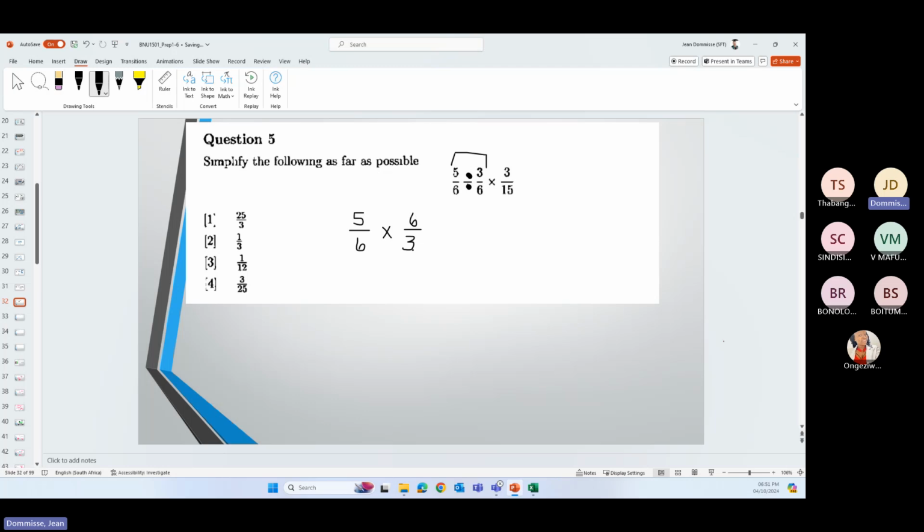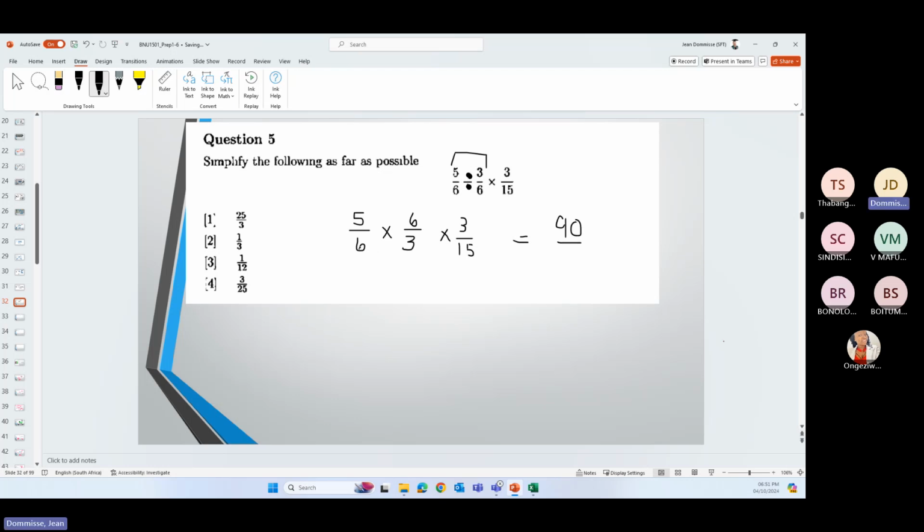So instead of 3 over 6, it becomes 6 over 3. And then we can just put the terms together, because now everything is multiplication. So now again, you have two options. The first is to say, okay, let's multiply everything at the top. So 5 times 6 times 3 gives you 90.